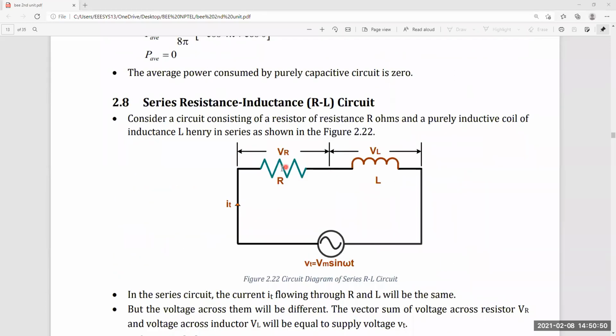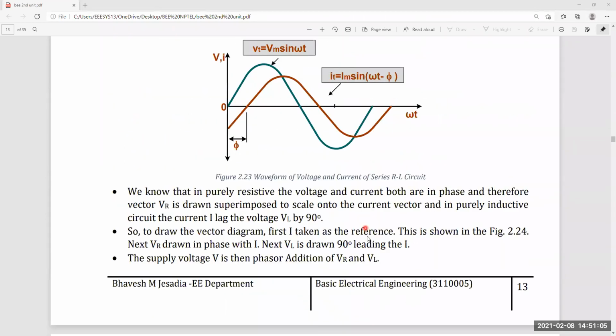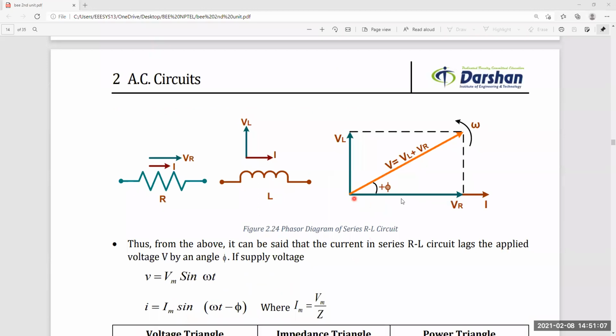It is in phase with the current. The voltage across the resistor and the current flowing through the resistor are in phase. The angle between voltage and current across the resistor is 0. That's why VR will look like this.